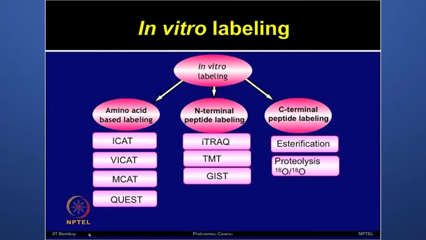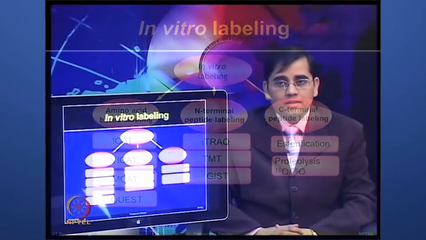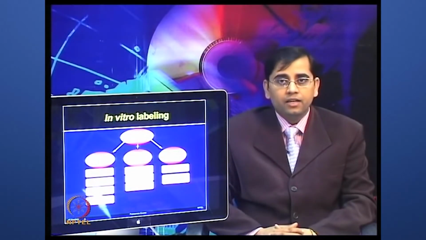Then there are different types of N-terminal peptide labeling methods, such as iTRAQ and TMT, which we are discussing today in detail. iTRAQ, also known as isobaric tagging for relative and absolute quantitation, TMTs are tandem mass tags, and GIST, global internal standard technology. Then there are C-terminal based peptide labeling methods, such as esterification and proteolysis using 16 or 18 oxygen, using light and heavy forms of oxygen.